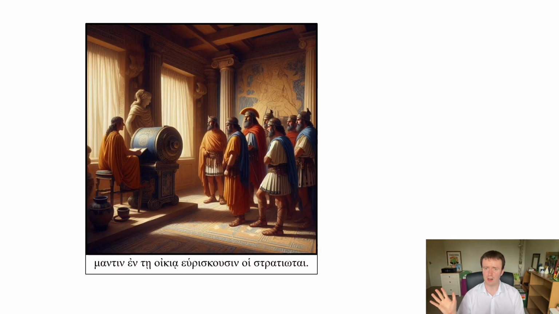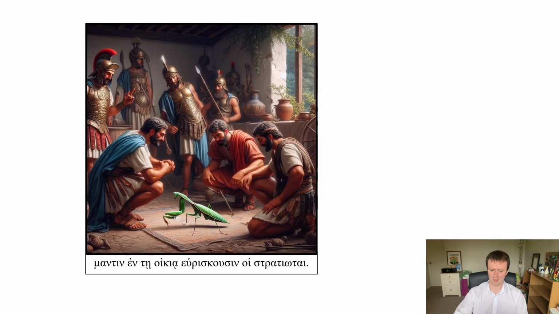And here is an illustration of that sentence. Mantin en tei oikiai heuriskousin hoi stratiotai. The soldiers find a prophet in the house. Now, you'll remember that I said in the writings of Theocritus, mantis can actually mean mantis. Okay, so just for some fun, why don't we see how this sentence would look visually in the world of Theocritus?